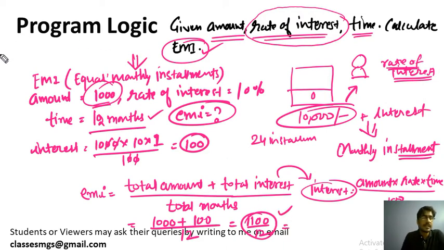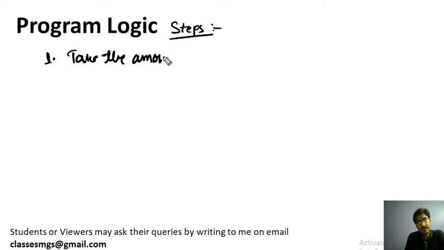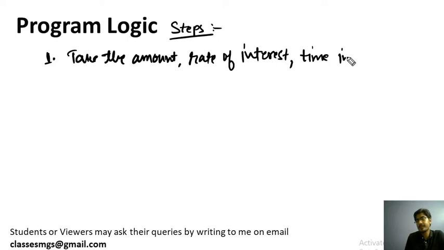Now we will see the steps to solve the problem. Okay, the first step is to take the amount, rate of interest, and time in years as input from the user.